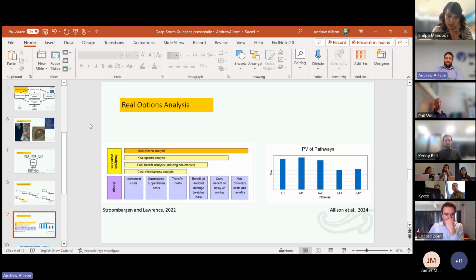And after we had some robust pathways, we did an economics analysis on this. Adolf Strombergen from Infometrics did that. He used a modified form of real options analysis to identify the cost of inaction and delayed action, so delayed implementation of different actions in the pathways. Basically, it showed that delaying or trying to delay retreat by implementing incremental actions actually ended up being more expensive than transformational change.